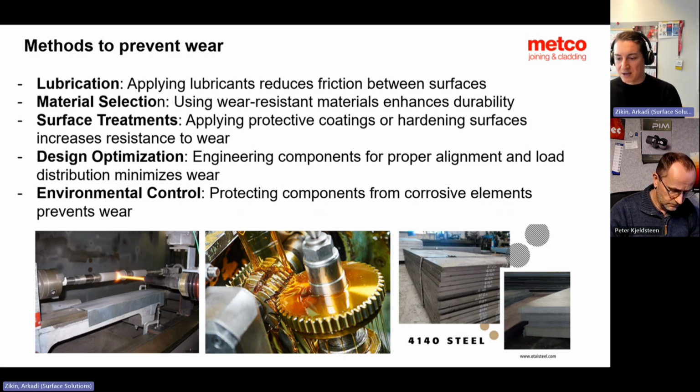Surface treatment. And what else? It's a design optimization, which is nowadays probably going more and more to be used, like working with ANSYS and other model simulations, how I can change design and properties, save material, and also improve lifetime.